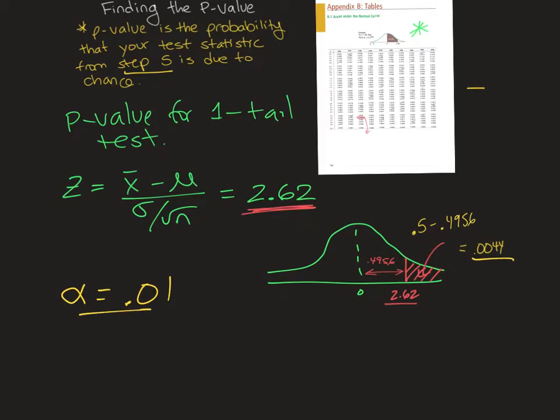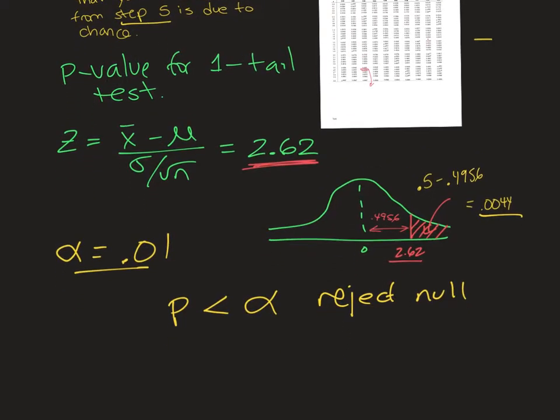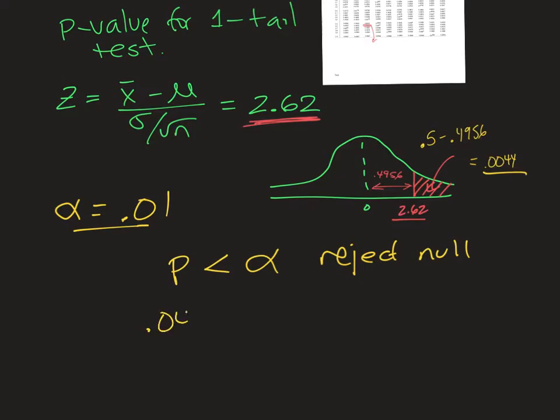When the p-value is less than alpha, then we reject the null. In this case, our p-value is 0.0044, and our alpha is 0.01, and therefore we reject the null.